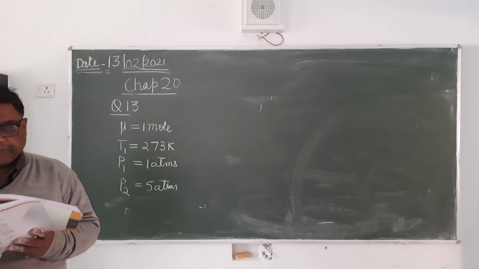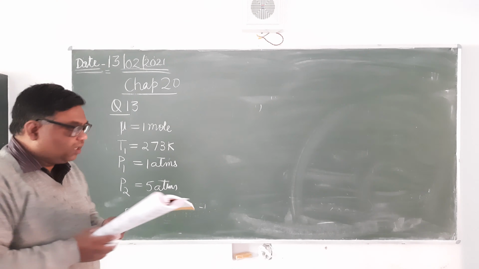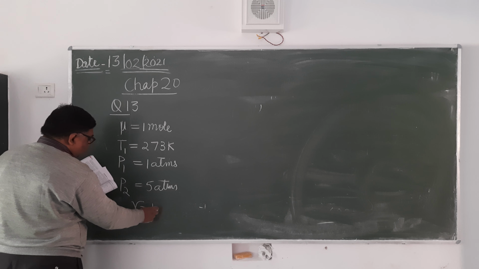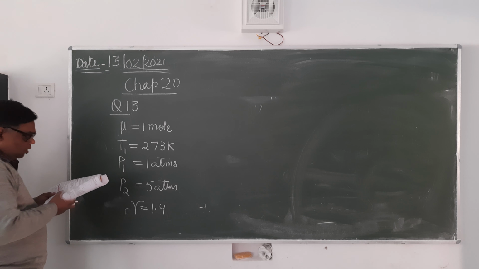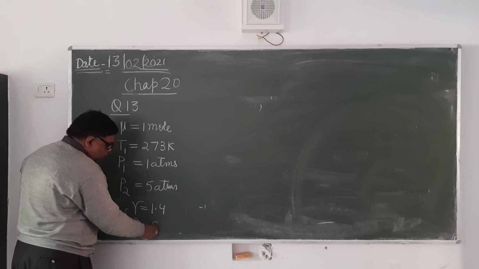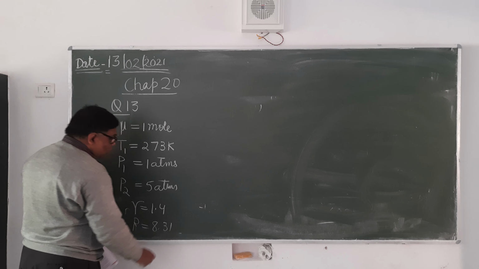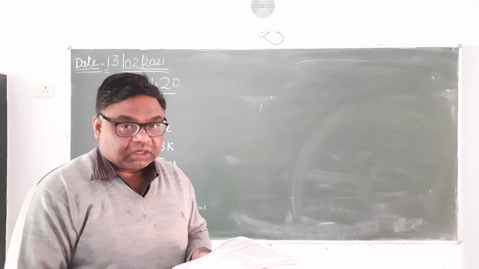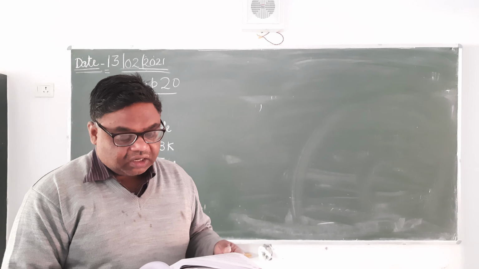Gamma equals 1.4, and R equals 8.31 in SI unit. So you have to find the new temperature and then work done.